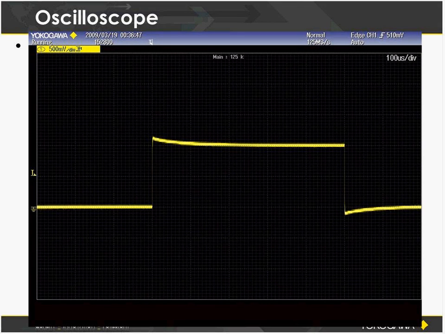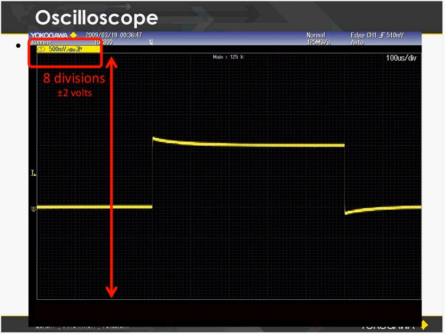Let's take a closer look at a typical oscilloscope display. Pretty much every oscilloscope out there is going to have this type of display, and specifically, it's going to have major grid divisions, and it's going to have minor grid divisions. On the major grid division side, you'll always see 8 divisions vertically.